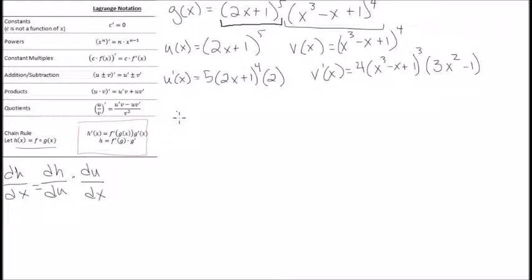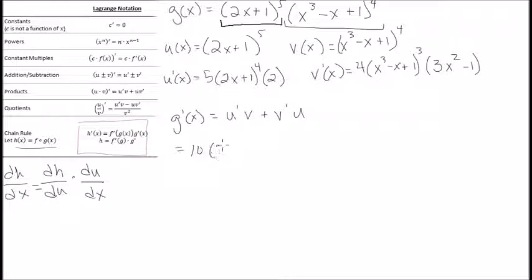Well, we know from the product rule that the derivative of g is going to be equal to the derivative of u times v plus the derivative of v times u. So I go ahead and do that. It just gets a little bit messy. The derivative of u, I'm going to combine my constants.